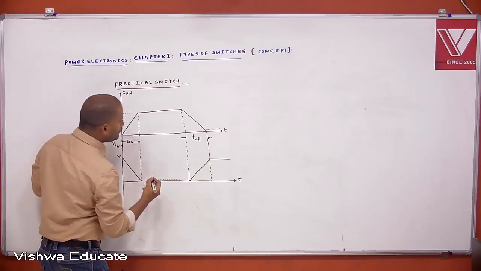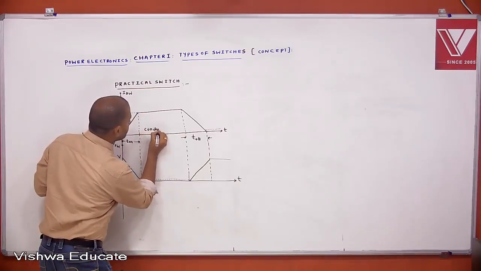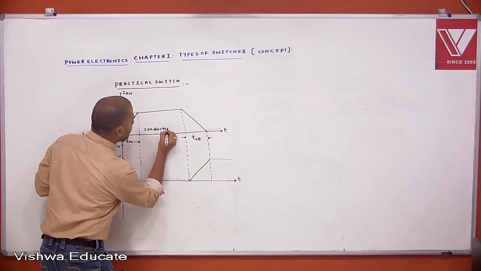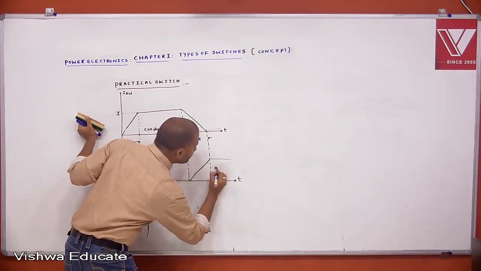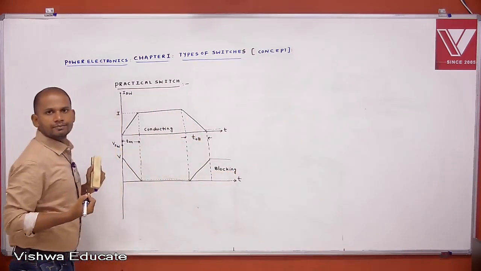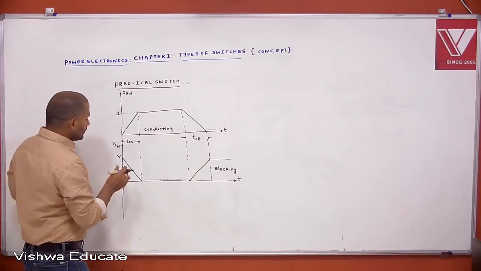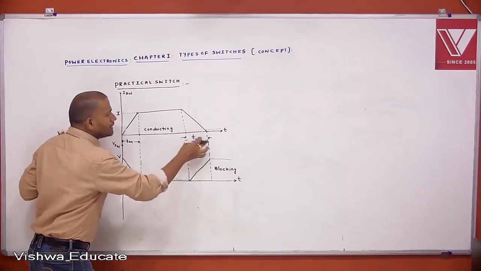Here the switch is conducting. Here the switch is blocking. This is on state and this is off state.